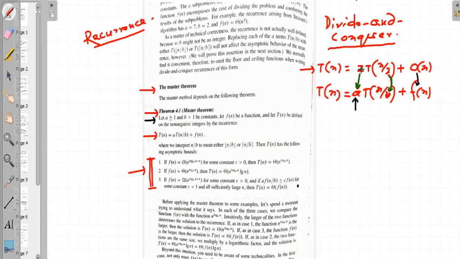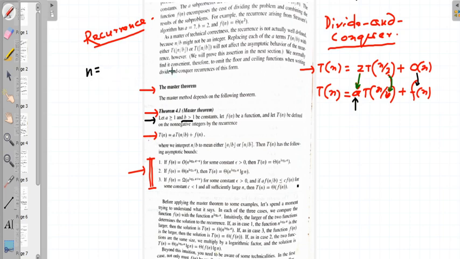In some cases this becomes 1; for example, the binary search recurrence is T(n/2) plus 1 maybe, and at that time f(n) will be 1. And b is strictly greater than 1, and for our case maybe we'll be assuming n is an exact power of 2.